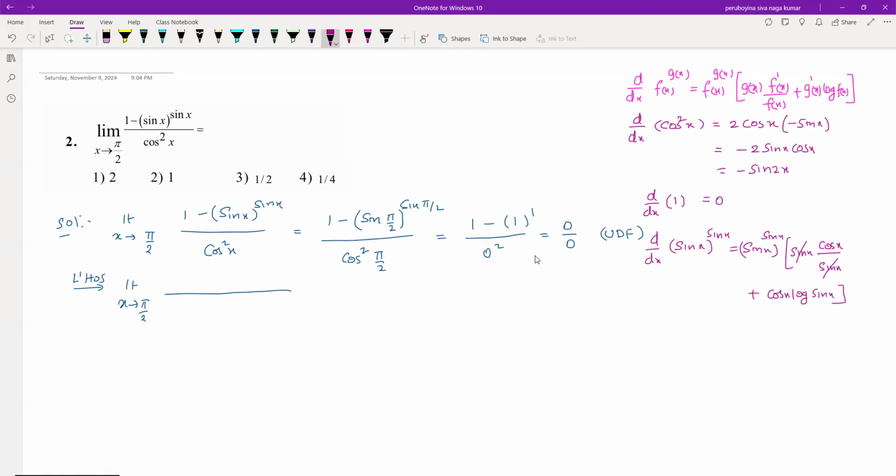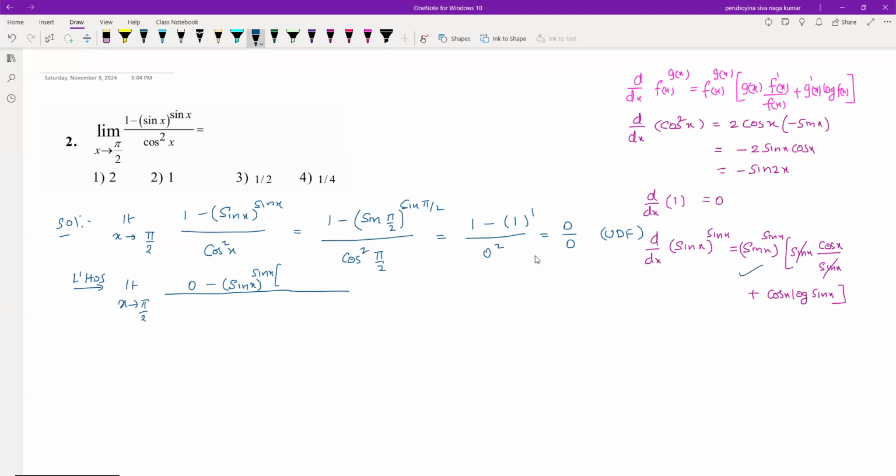So now we will replace the terms with these derivatives because we are using L'Hospital's rule. First, take a look at the numerator. The derivative of 1 was 0 and then minus. We already know how to differentiate this sin x power sin x. We already did that as rough work.